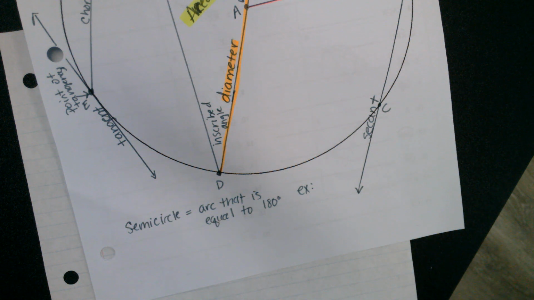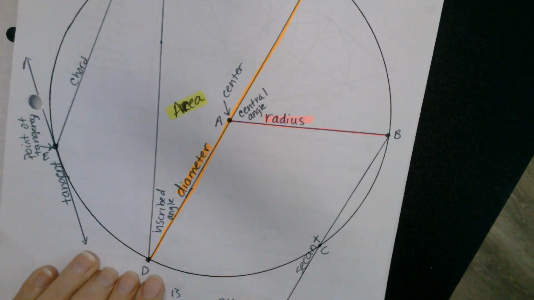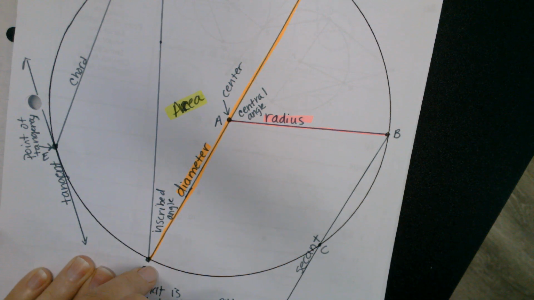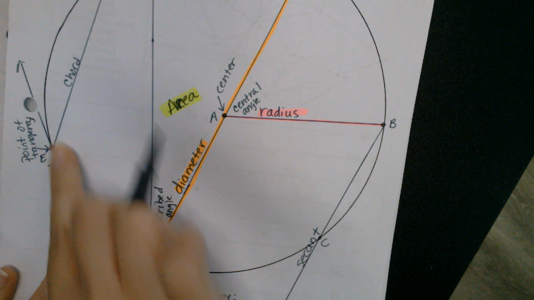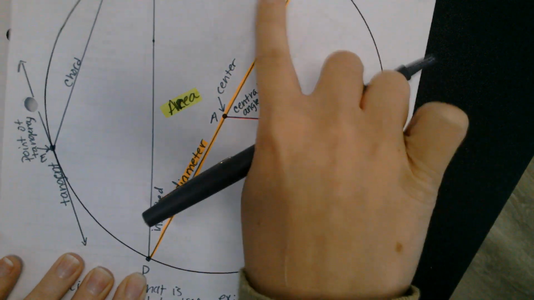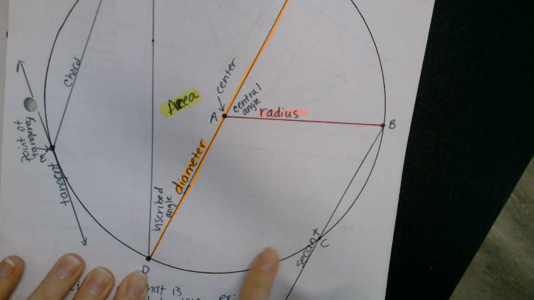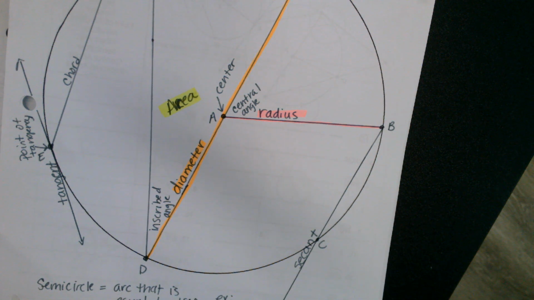Which way do you want to go? Do you want to go towards C, or do you want to go towards E? C. Okay, so we're going to do this semicircle. That's why we need 3 vertices, to say the direction of it.